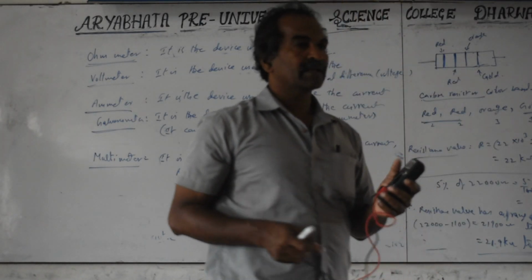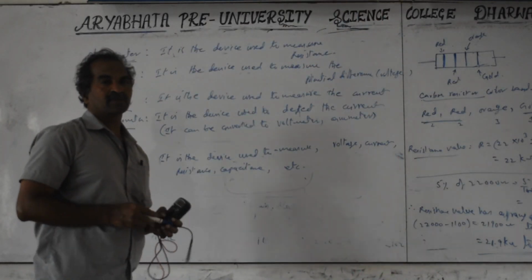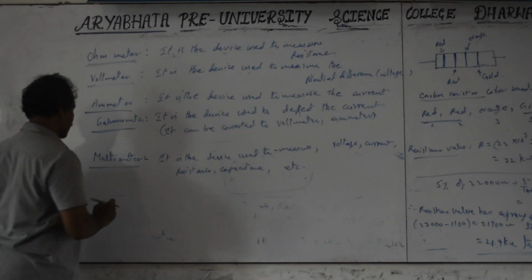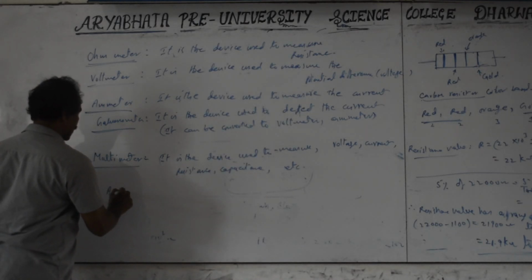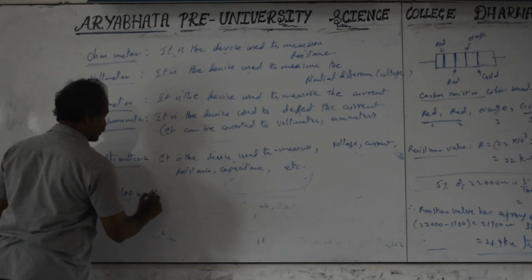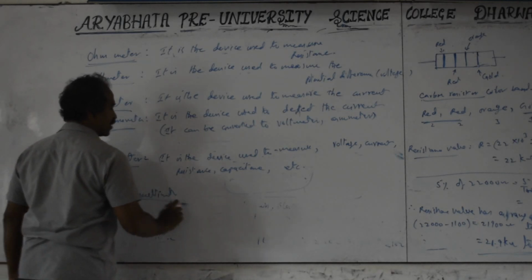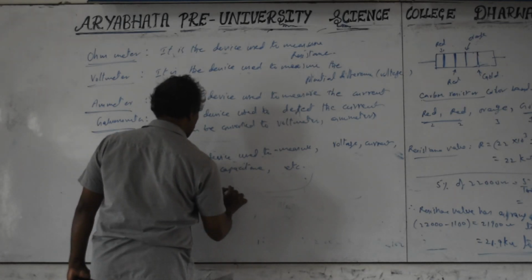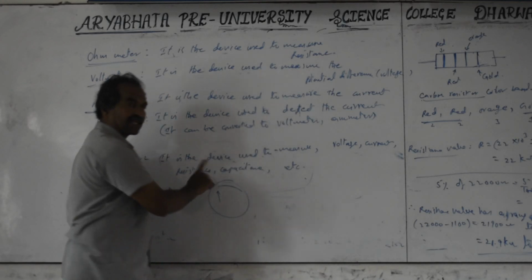In this multimeter there are two types of multimeter. One is analog, the other is digital. Analog multimeters use a scale index; the needle rotates on the scale and you can read the reading on it.